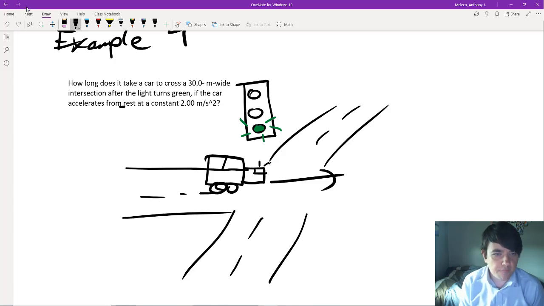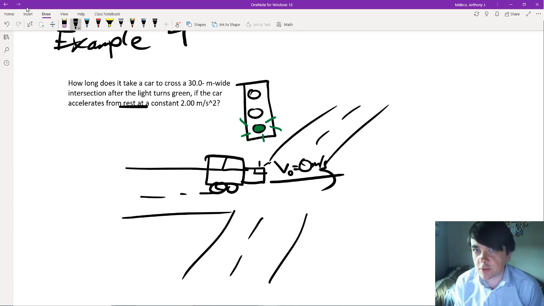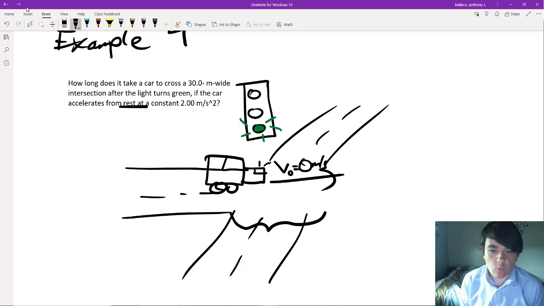So he's starting from rest, which means our v initial is 0. That's the first thing that jumped out to me. I always look for this word rest because it tells you something's coming to a rest or starting. This whole intersection, we're told, is 30 meters wide.